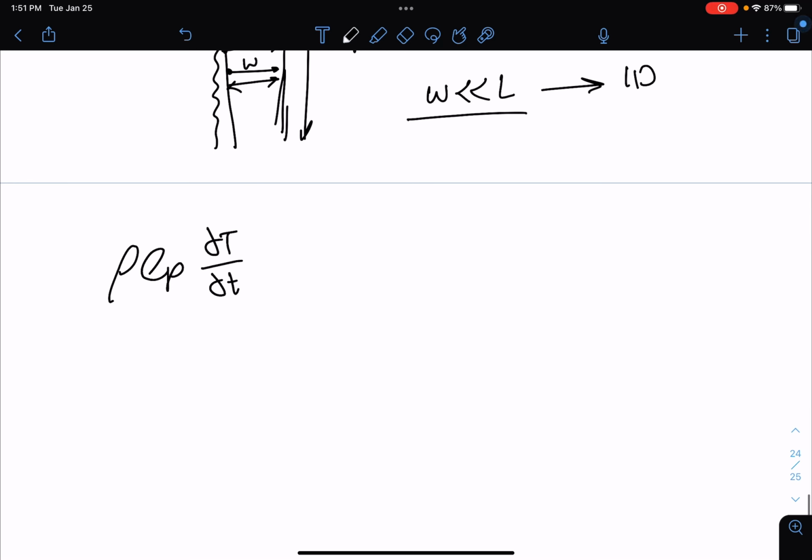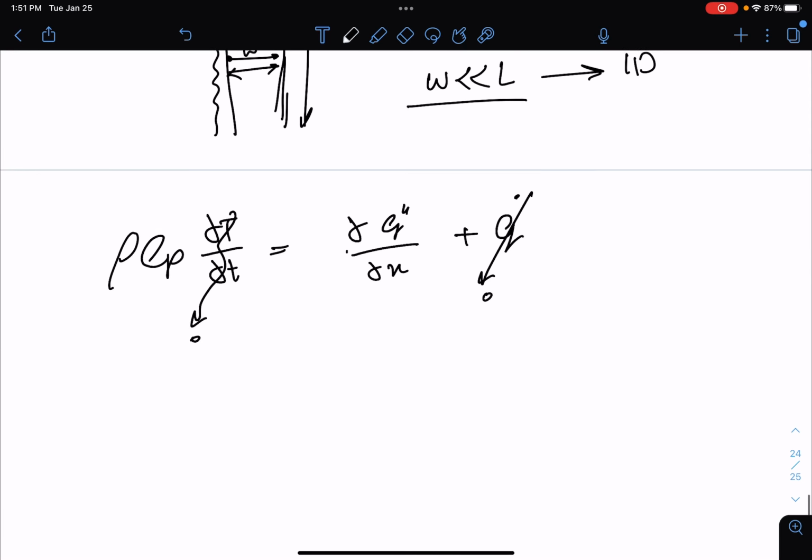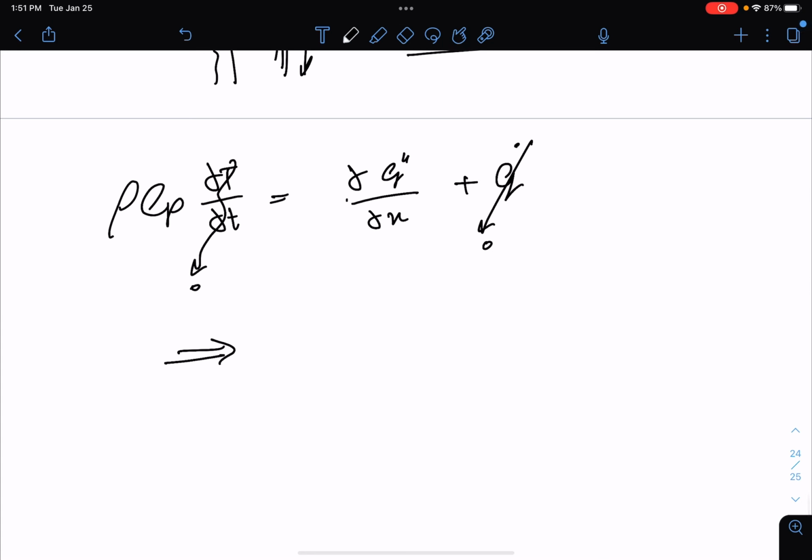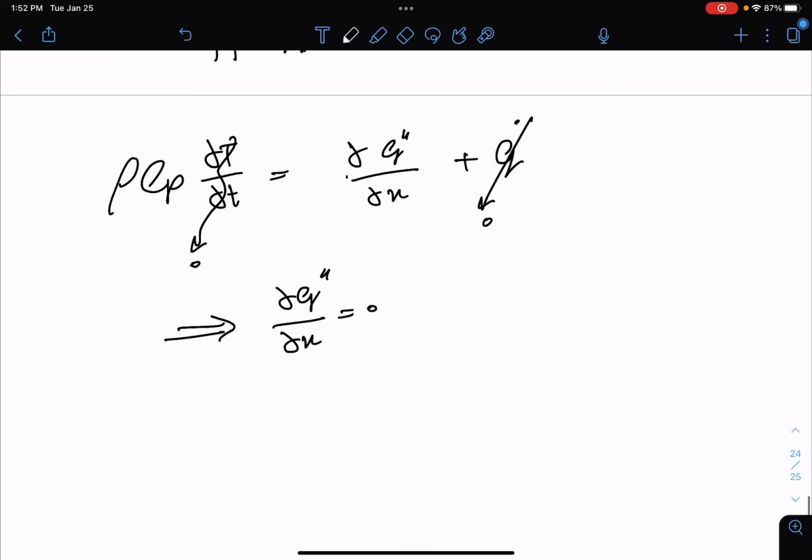Okay, so rho Cp partial T partial t is equal to k partial square T partial X square, let's write it with the Q, partial Q partial X plus Q. Heat generation is 0. Change with time is 0. And partial Q partial X is equal to 0.